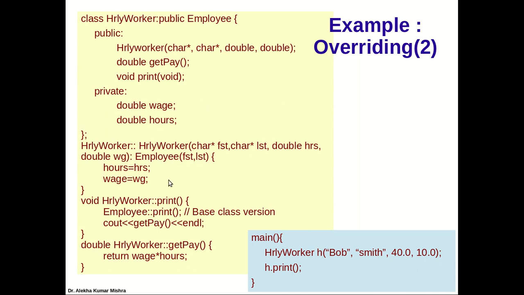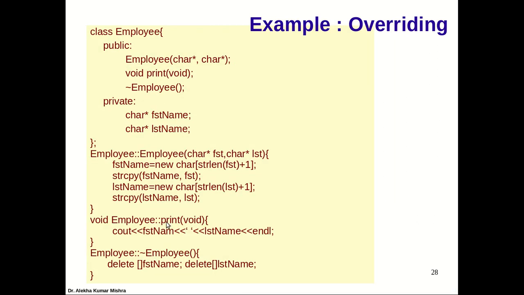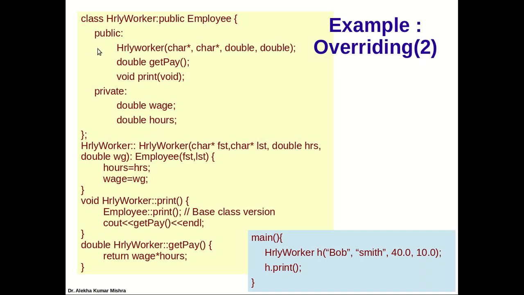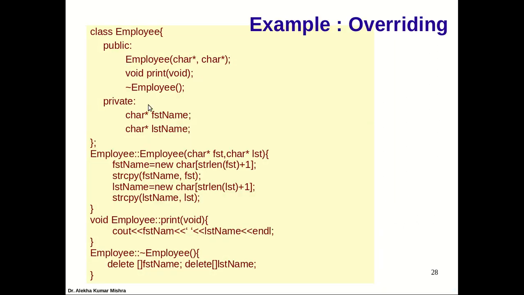Now we see that we have defined the print function here, and the name of the print is the same as the print function of the base class. That means here in hourly worker, the void print function overrides the print function which prints the first name and last name in the employee class.